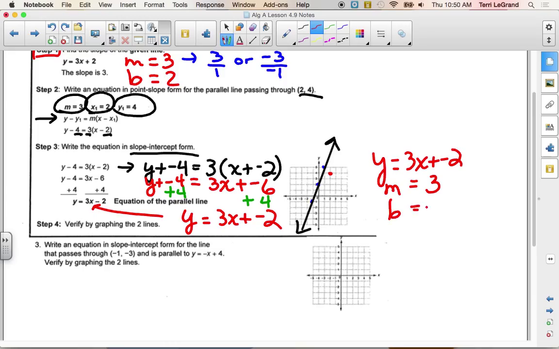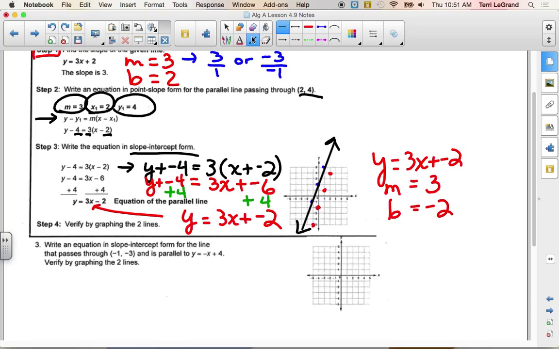Negative 2. So we're going to go to the graph and start at negative 2. Remember, we can go up 3 and right 1, or we can go down 3 and left 1.